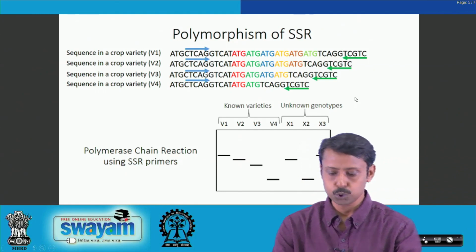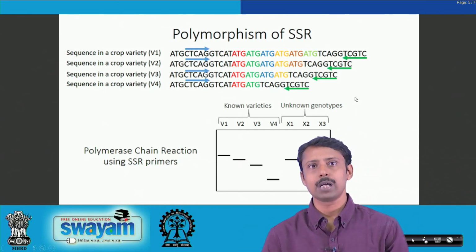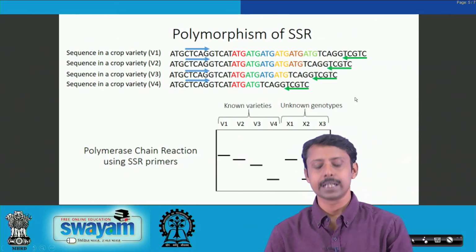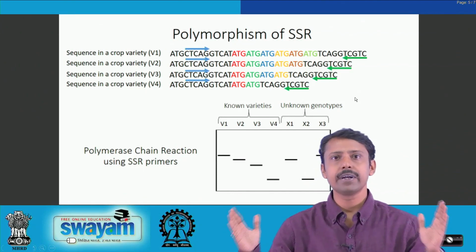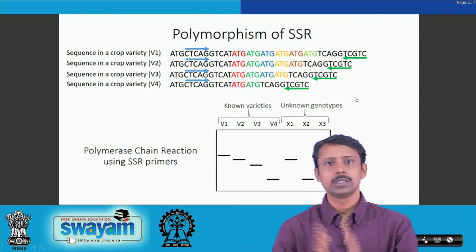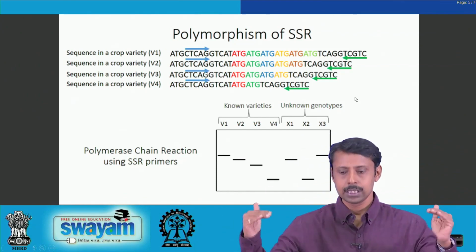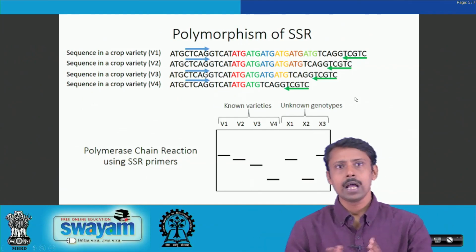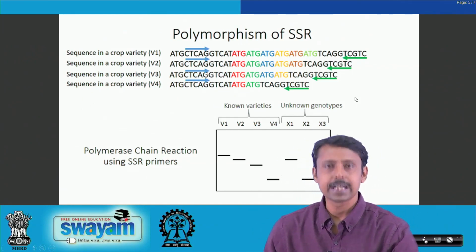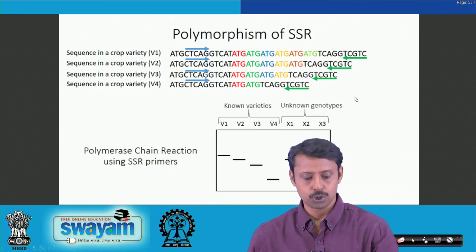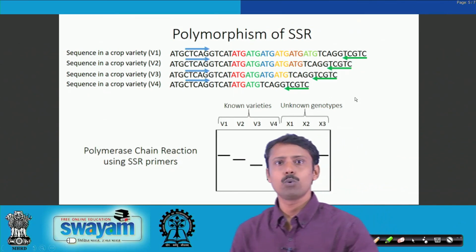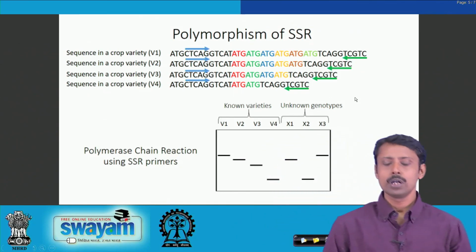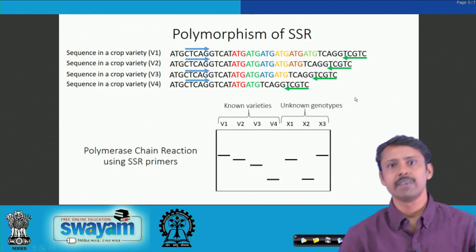If we use the forward and reverse primers for each variety separately, we will get different sized amplicons, meaning the primers amplify the region in between, and in different varieties we get different sized amplicons.